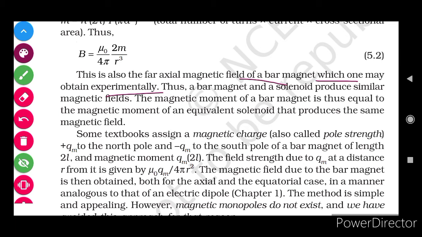Thus a bar magnet and a solenoid produce similar magnetic fields. The magnetic moment of a bar magnet is equal to the magnetic moment of an equivalent solenoid that produces the same magnetic field.